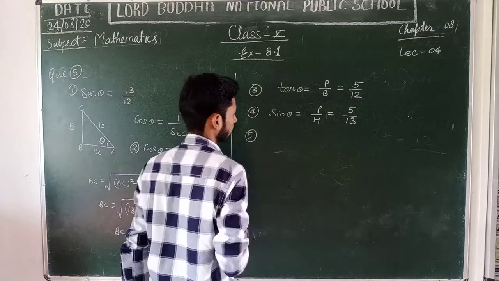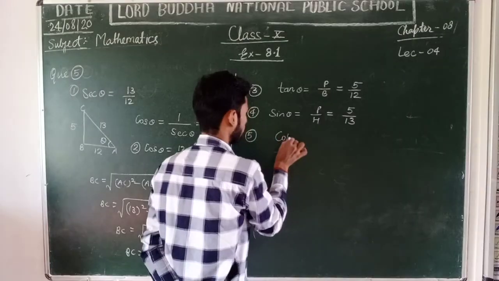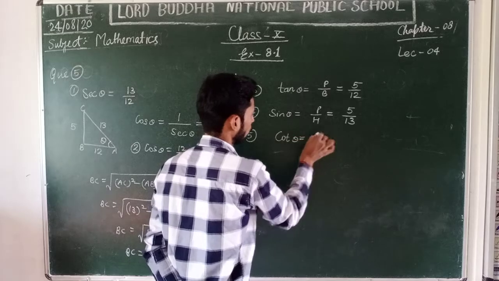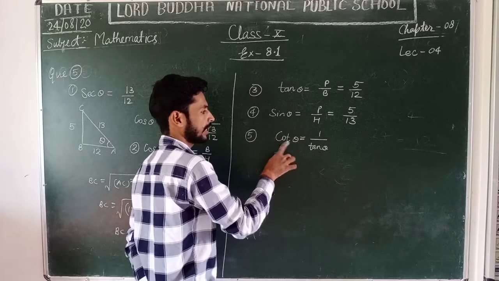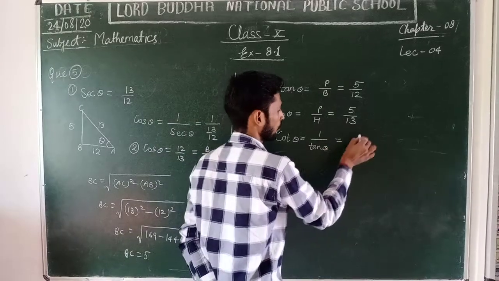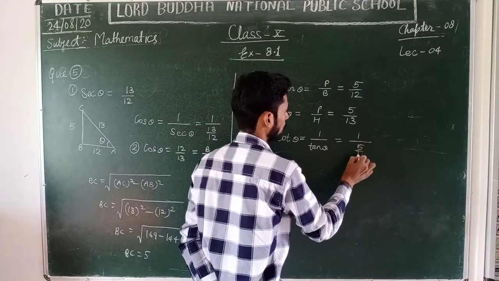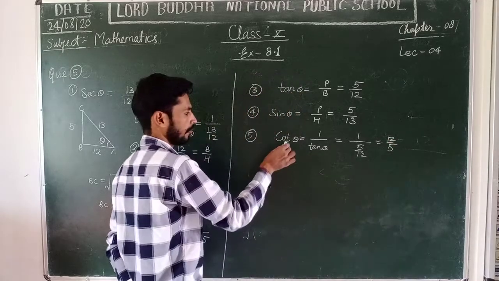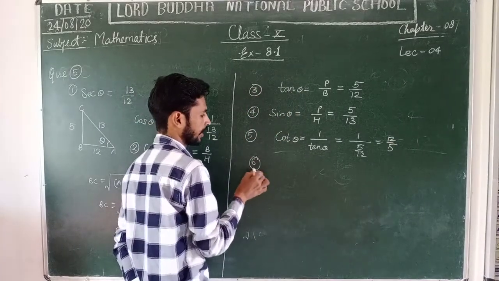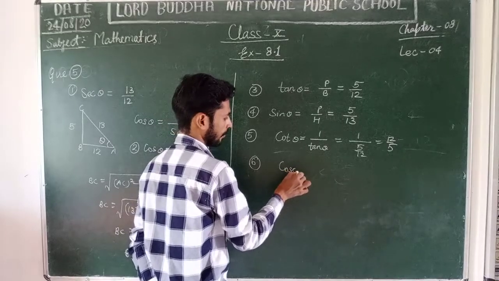Fifth, cot theta equals 1 upon tan theta, because cot theta is the reciprocal of tan theta. So 1 upon 5 by 12 equals 12 upon 5. This is the value of cot theta. And the last one is cosec theta.